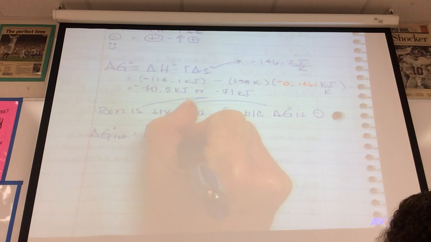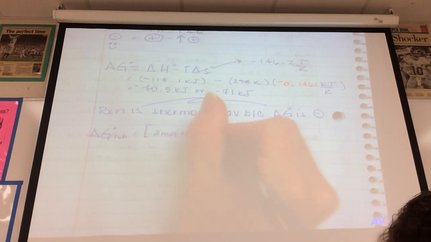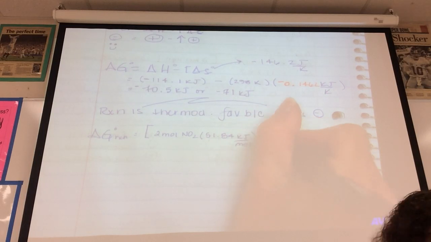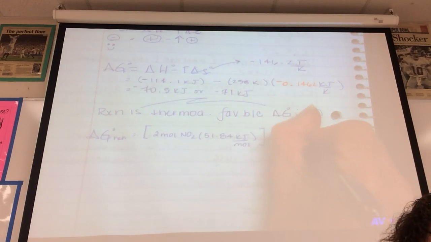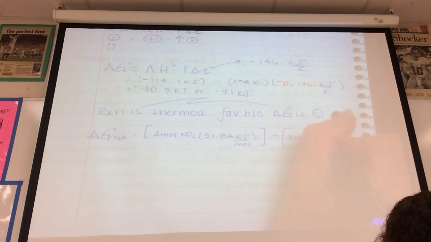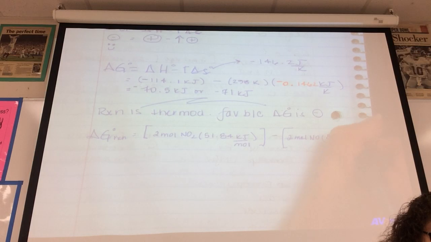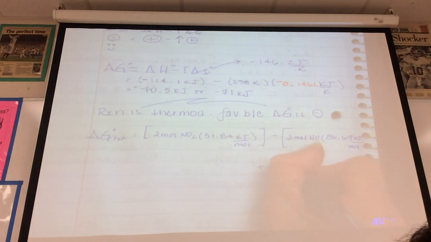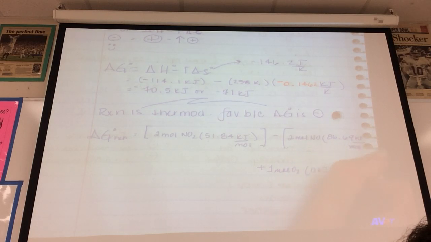So 2 moles of nitrogen dioxide times its delta G of formation minus 2 moles of nitrogen monoxide times its delta G of formation plus 1 mole of oxygen times its delta G of formation, which is 0.